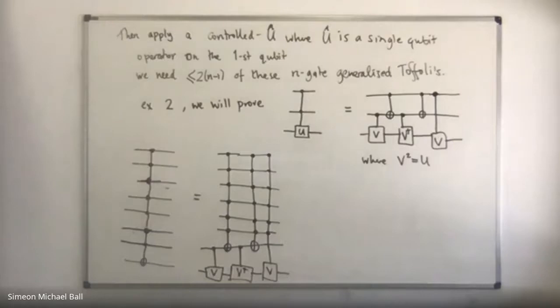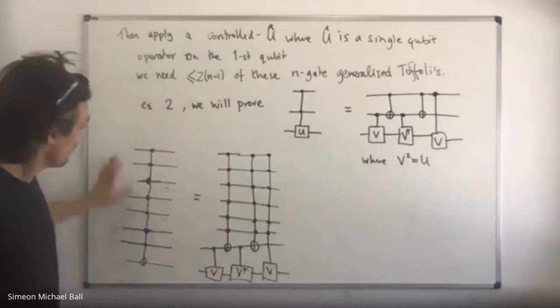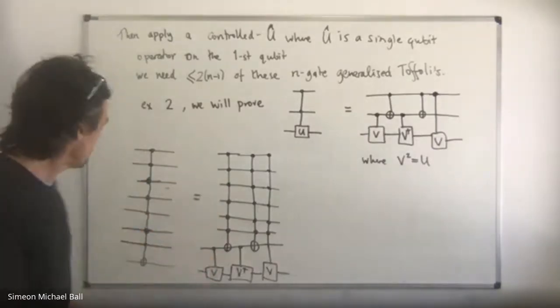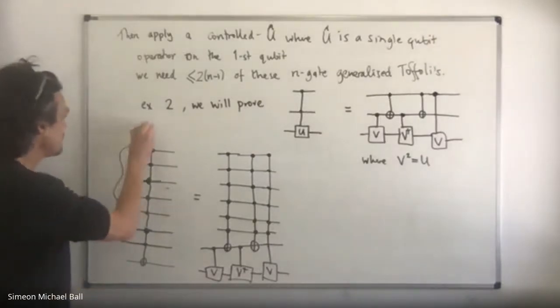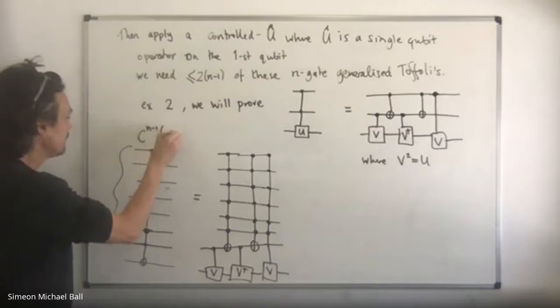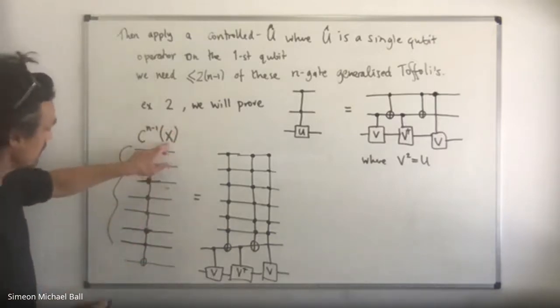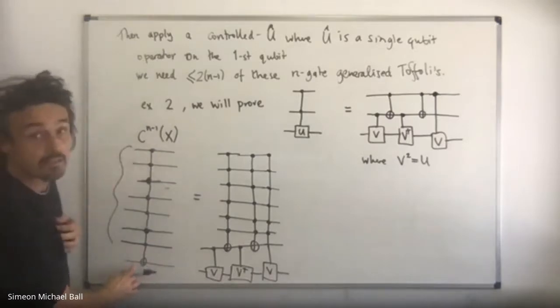So I thought, oh, that's it then, right? Because now I've gone down from n to n-1 controls. So this would be an n-1 control, which we would call C^(n-1) X, because if you wanted to put a U here, this would be the case U is X, because it's a bit flip.